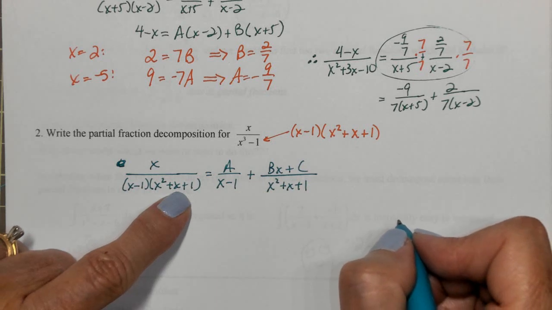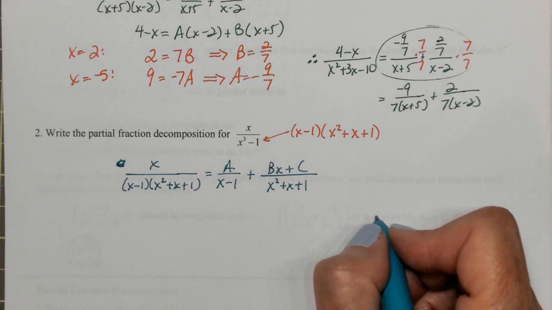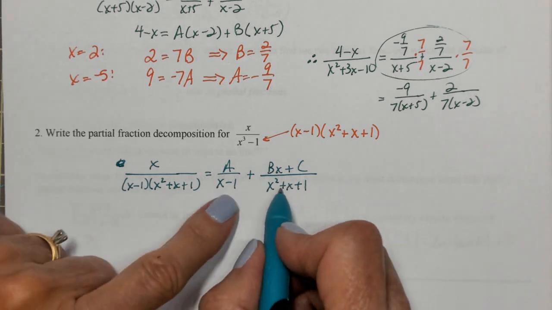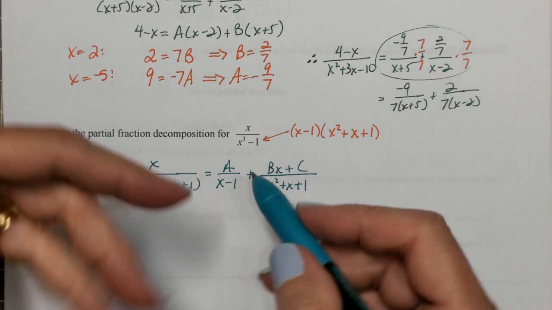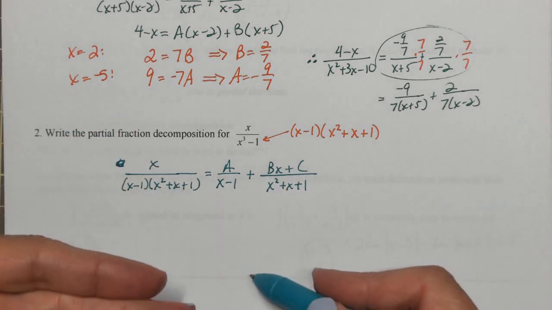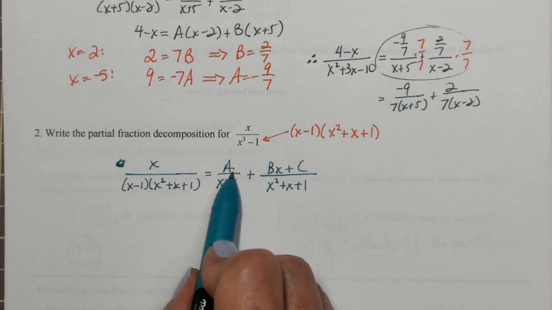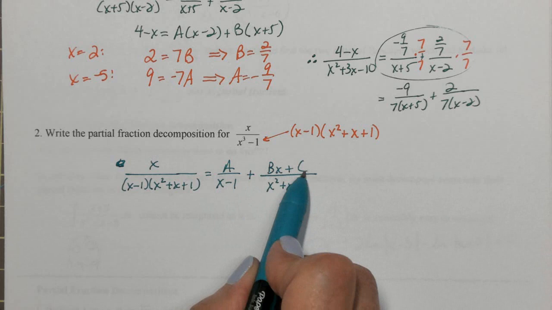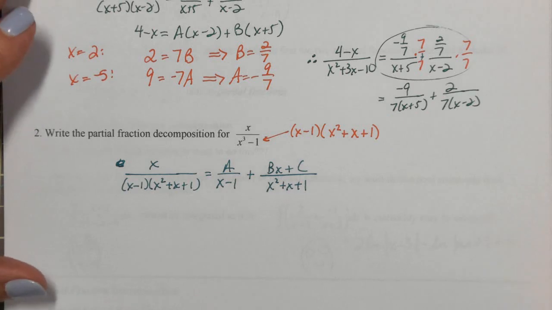That's how we do it. Okie doke. So, by the way, keep in mind that when we're finding A, B, and C, A is not going to be 0, for sure, but B or C could be 0 here, okay?